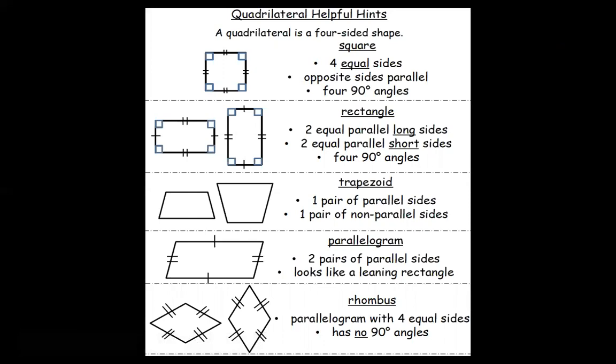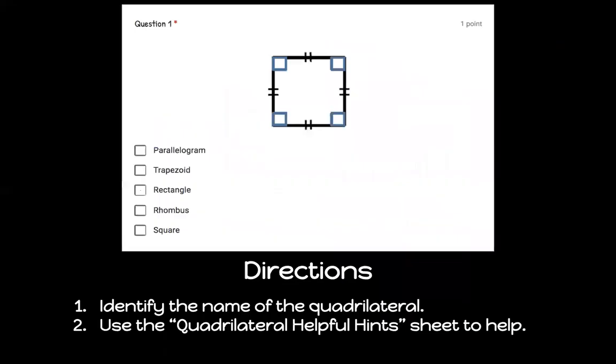I'm going to show you what your assignment is, because it is a little different than you have had in the past. Okay, so it is going to be a Google form. So I just took a picture of the first question just so we could kind of talk through it. What you're going to do is you're going to be given a shape right here. And we see that these two lines mean that they're parallel.